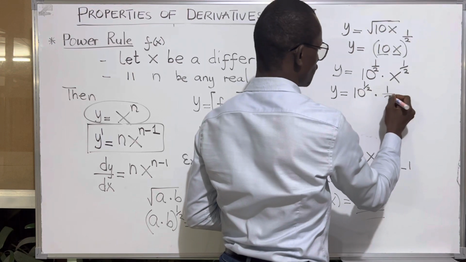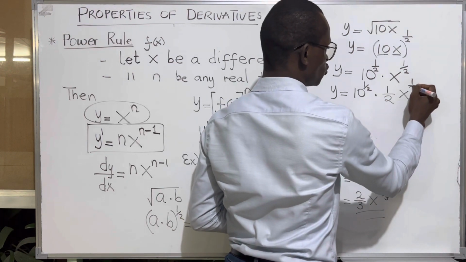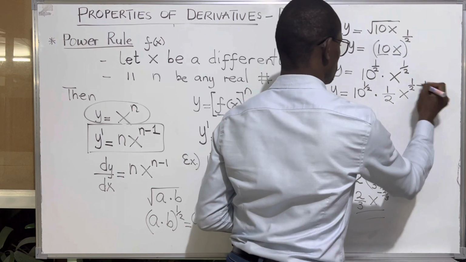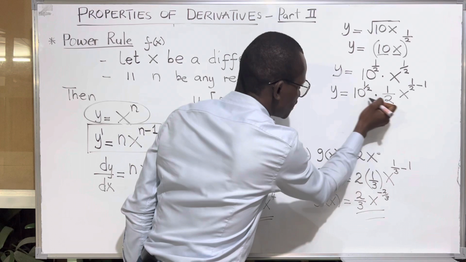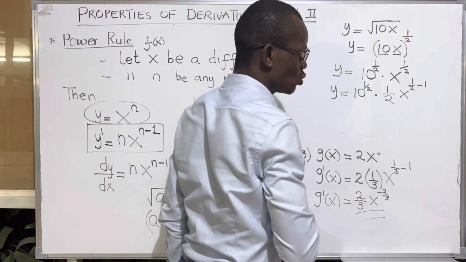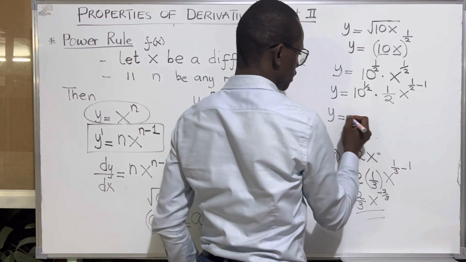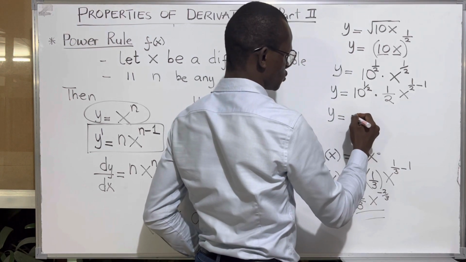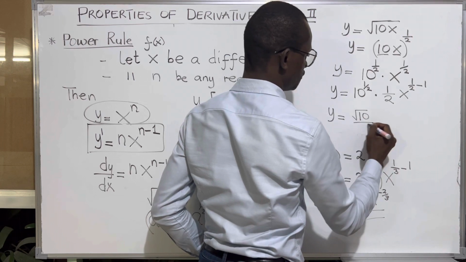So it's 1 over 2 x raised to the power 1 over 2, then we subtract 1 from there. Don't say 2 times this 10. This 10 is under a radical, the square root. So this is the square root of 10, all divided by 2.